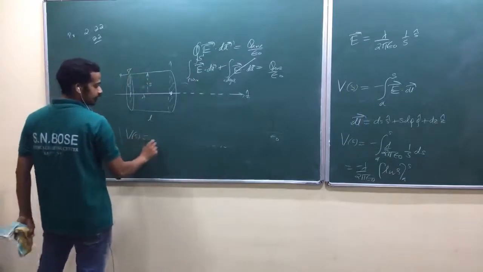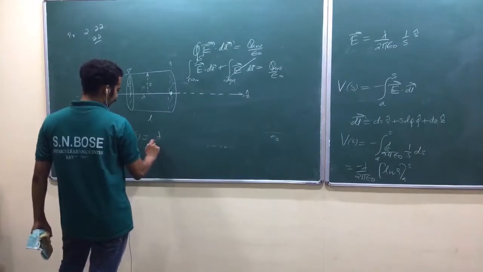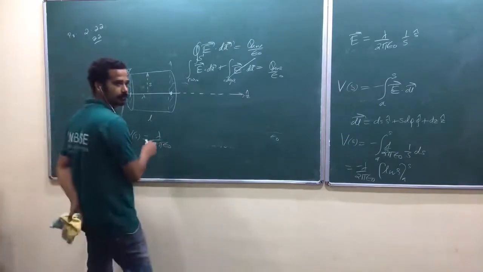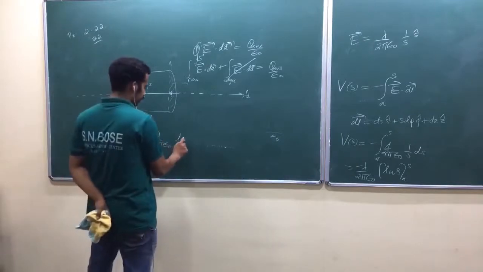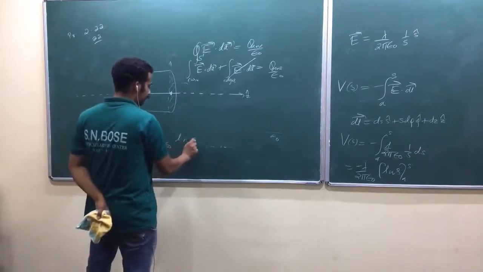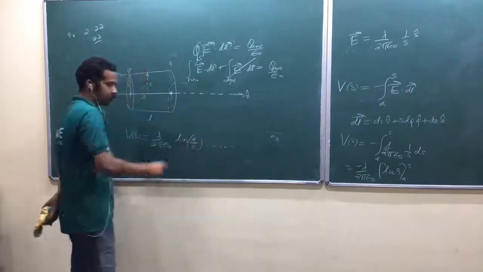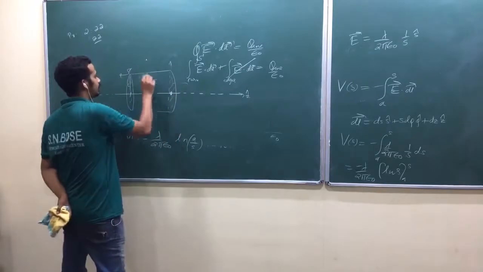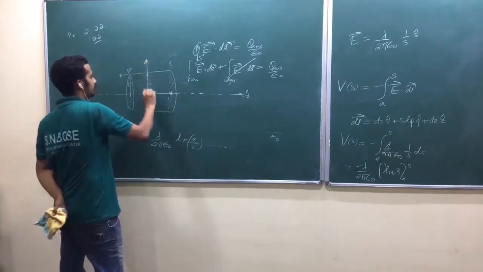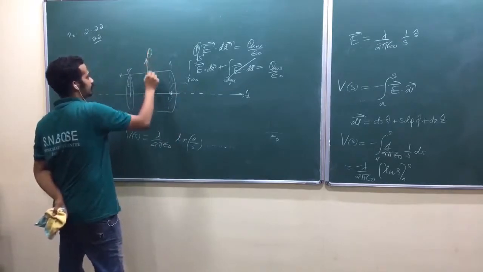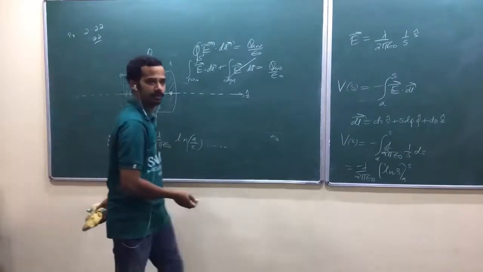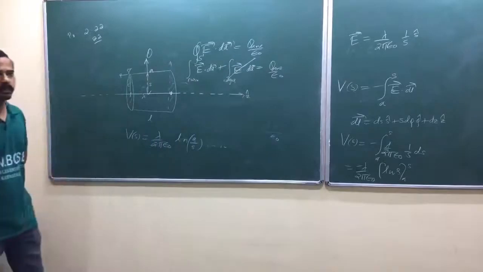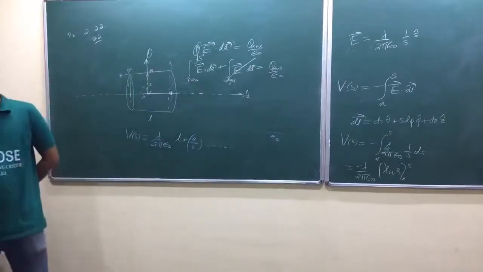Potential at S is lambda by 2 pi epsilon naught, log A minus log S, that is ln A by S, with the negative sign taken inside. A is some point somewhere here. Let me choose this as a distance A, as my reference point, because I can't choose infinity as a reference point.